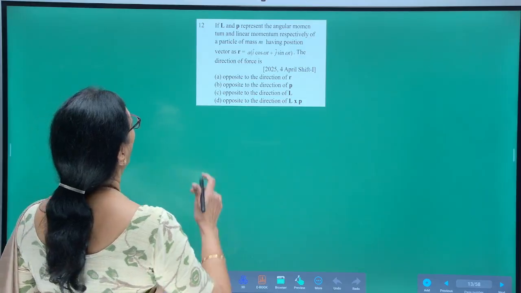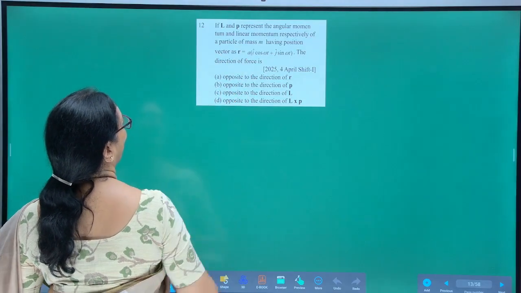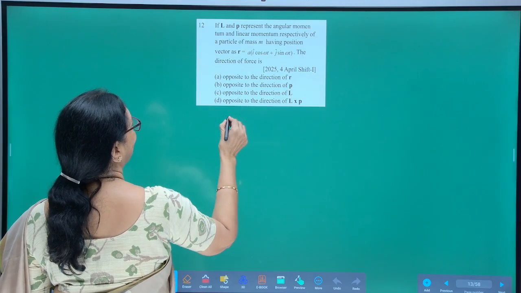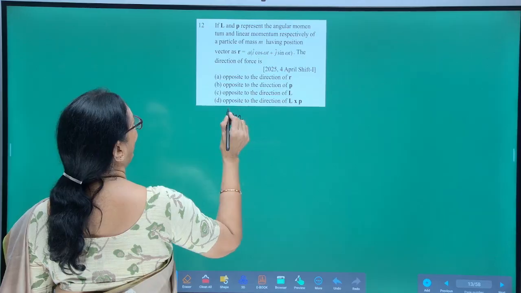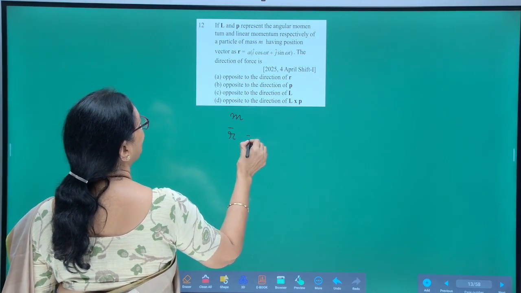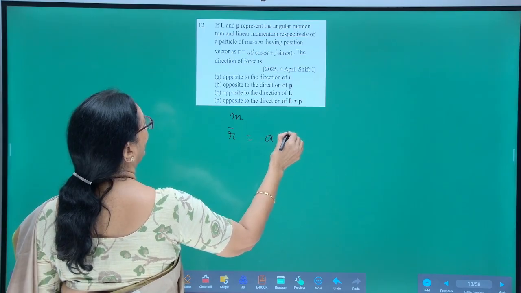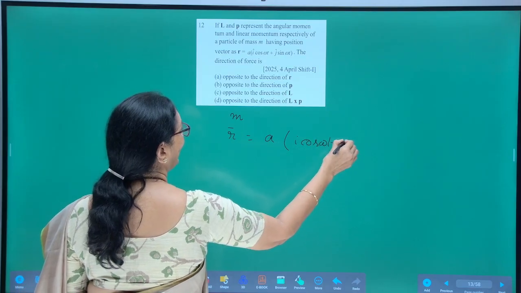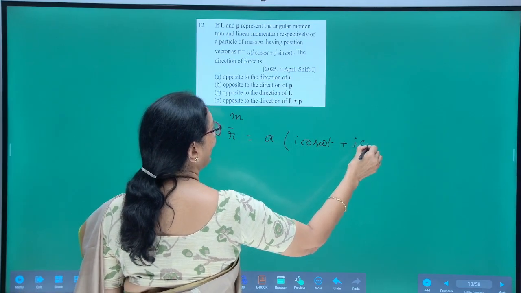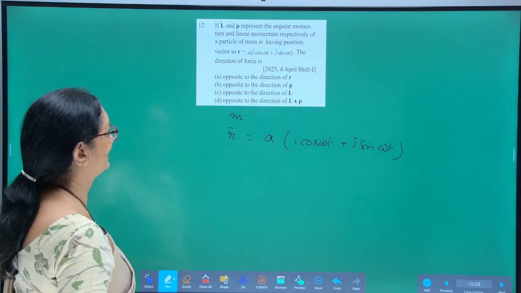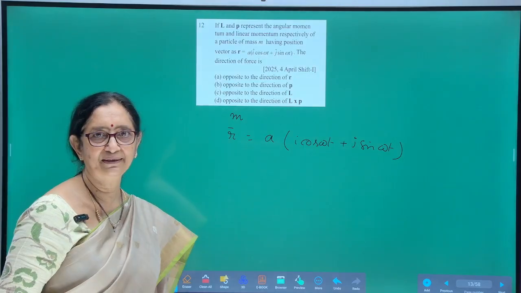Now, L and P represent the angular momentum and linear momentum of a particle of mass m with the position vector r bar equal to a (i cos omega t plus j bar sin omega t). The direction of force is asked.